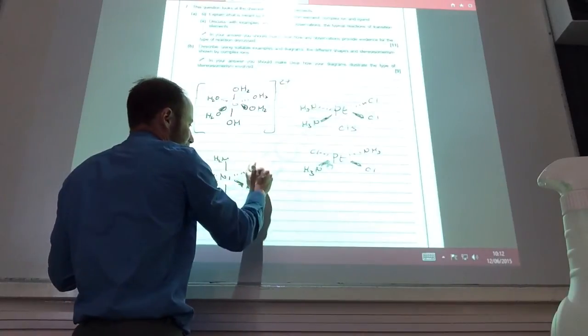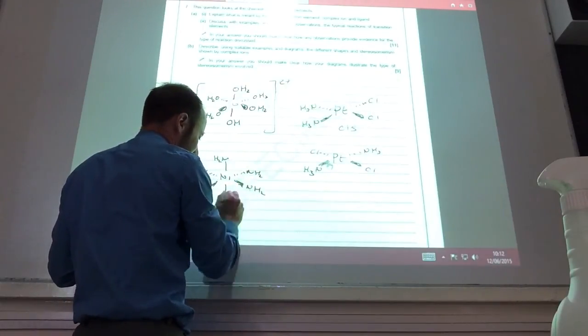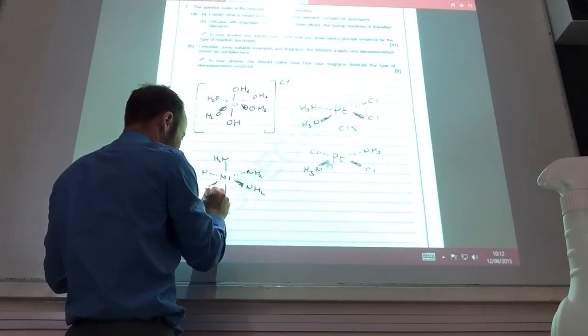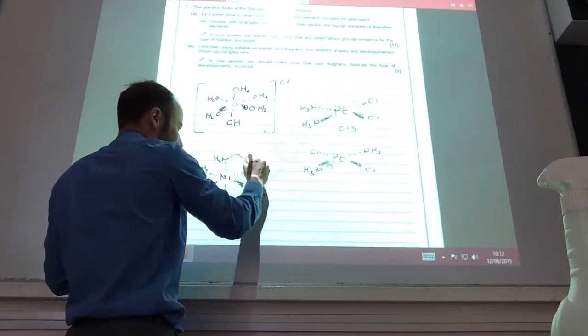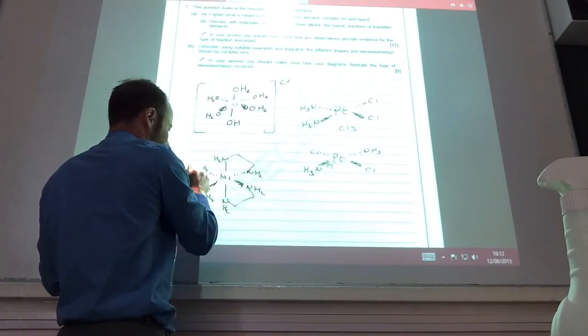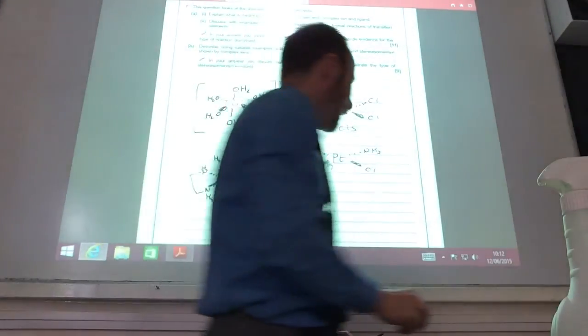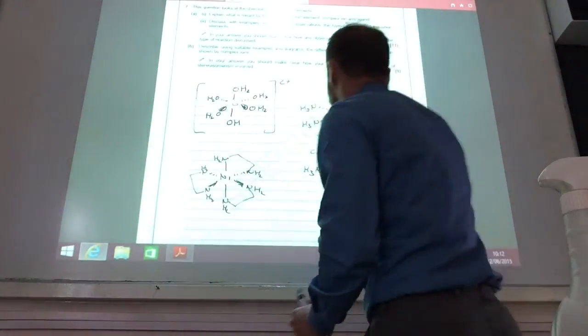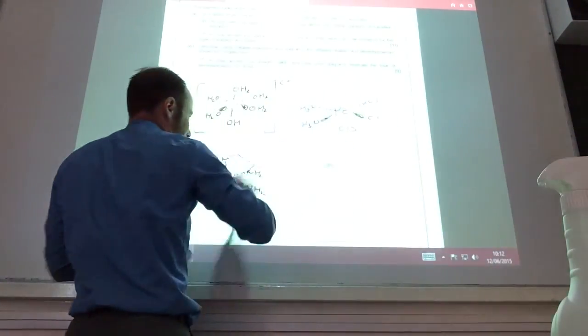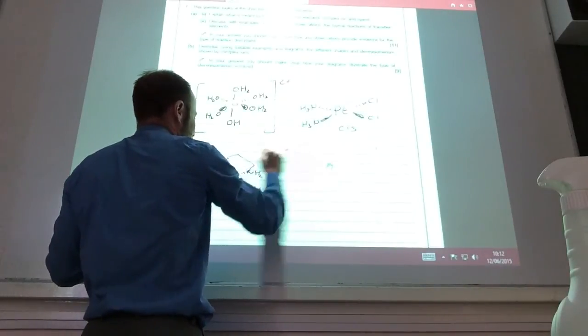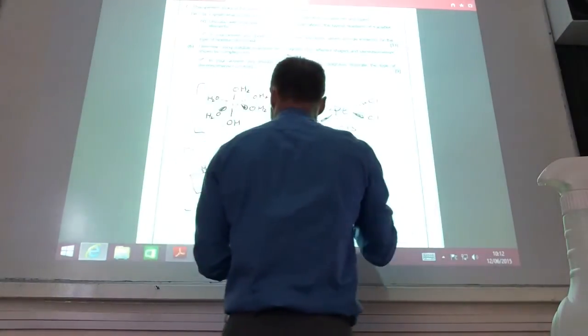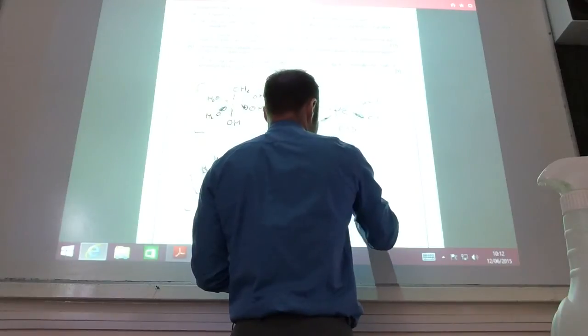Well, I'll tell you what, I won't simplify, just to try and do it properly for you. So you just connect your nitrogens up like so, and so that's one. That's actually a nickel 2+. So I'll pop it in square brackets 2+, and then you want to do your other optical isomer as well.